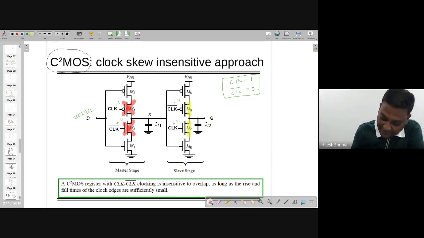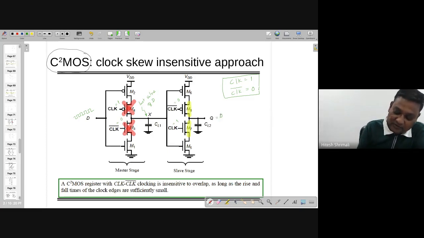So at X, the value is latched, which was previously available over here, right? The last value will be here, right? And as long as clock bar is equal to 0 and clock equal to 1, Q equals D, and that's going to be kept over here.